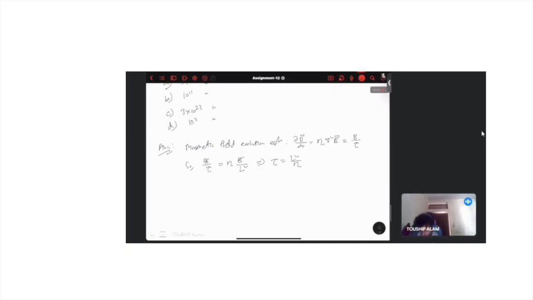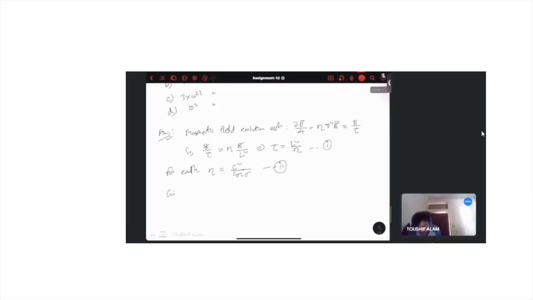So for Earth, how can we calculate? We know that eta is equal to c square by 4 pi sigma, where sigma is the electrical conductivity. So this is equation 1, this is equation 2. Given electrical conductivity is 10 to the power 16 in CGS, right?